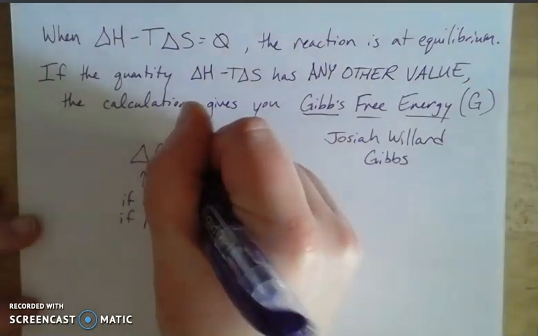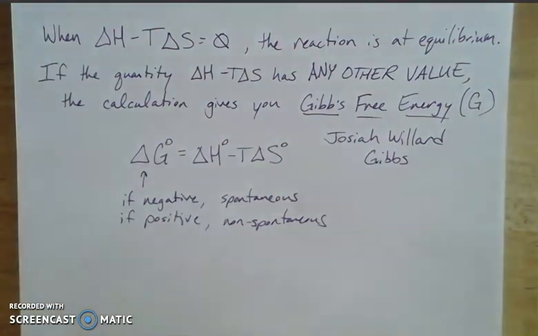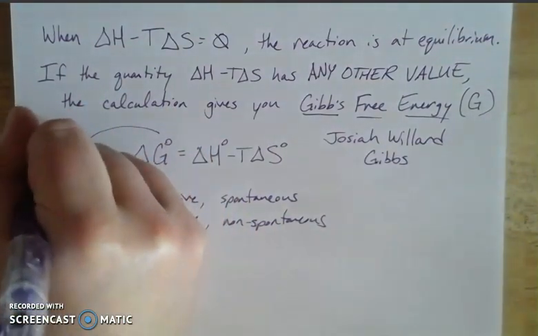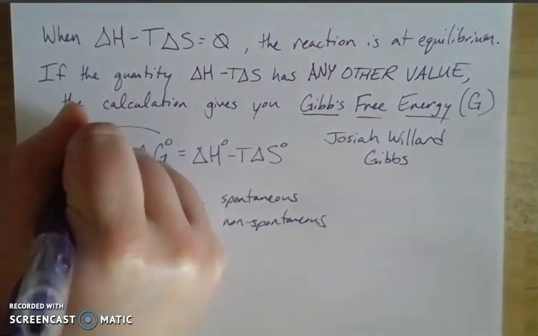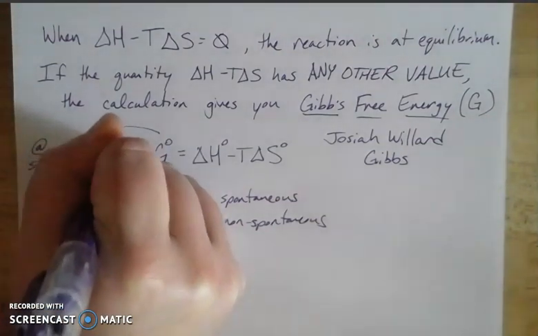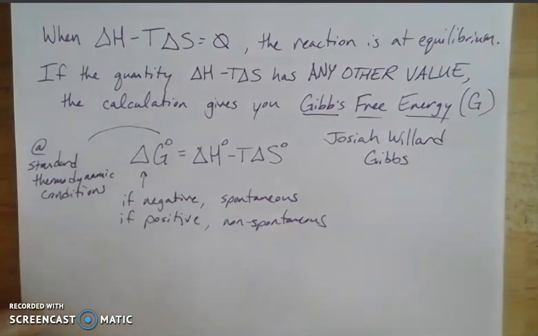So if we put our degree symbols on everything here, all of my state functions, then that would be, of course, at standard thermodynamic conditions. Which is somewhat implied in all of this because we have to be at constant temperature and pressure. Otherwise, we have too many variables changing for this to be true.